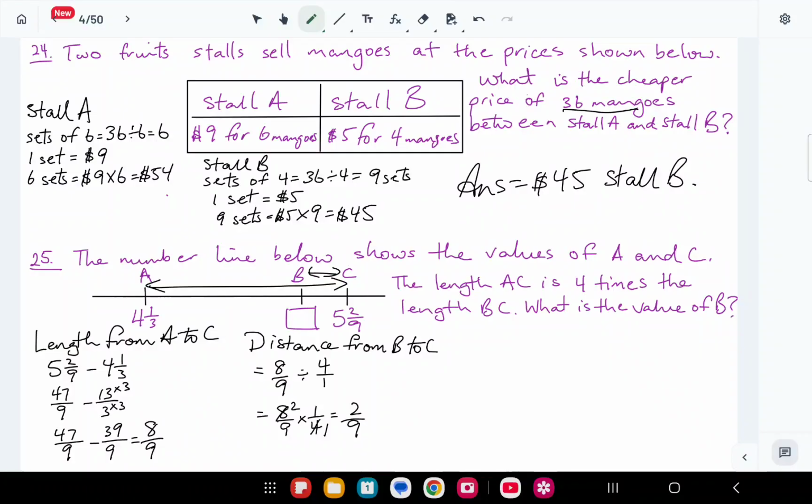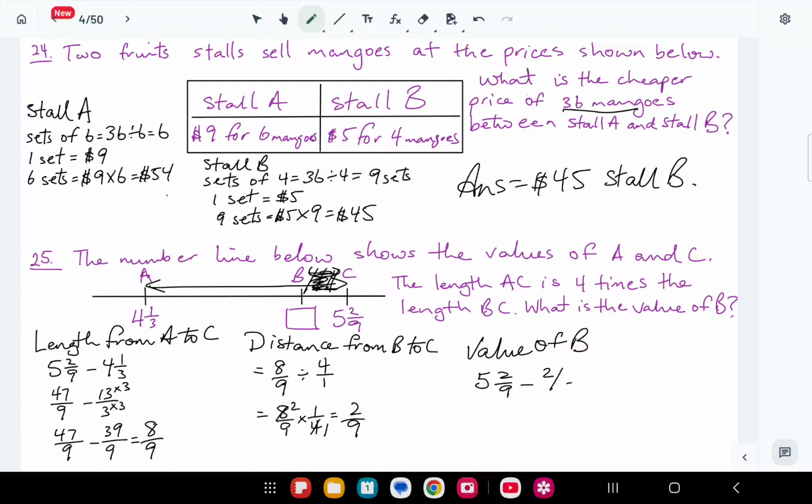So now we could just remove this piece from the total, because it asks you what is the value of B. So now that we know this little piece here is 2/9, the distance from here to here is 2/9, basically now value of B would be from C, which is 5 and 2/9, we take away the distance from here to here, which is 2/9.